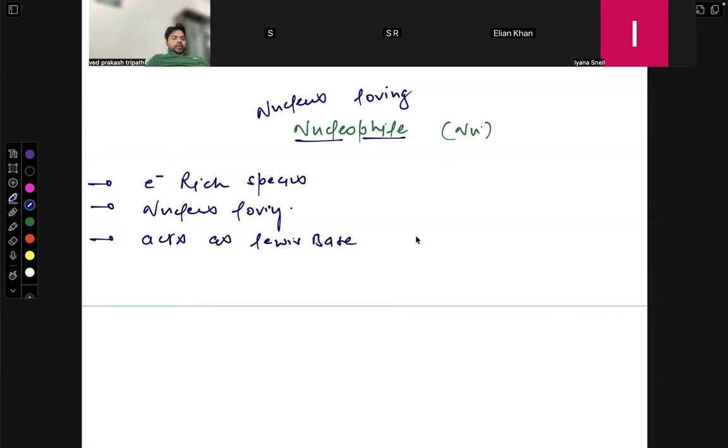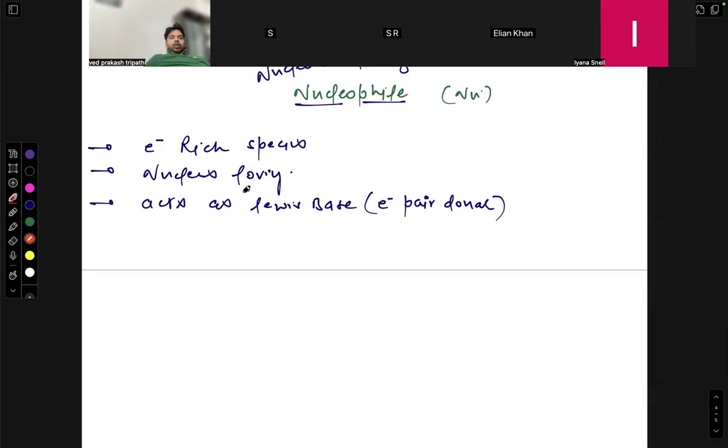Do you know what is Lewis base? Please tell me, anyone. What is Lewis base? Yes, electron pair donor. So electron rich, nucleus loving act as a Lewis base.